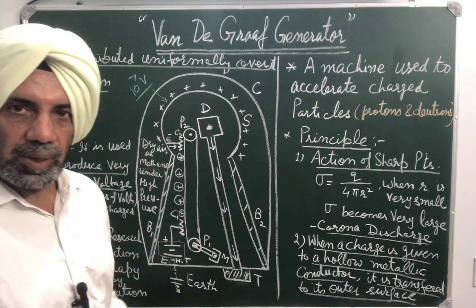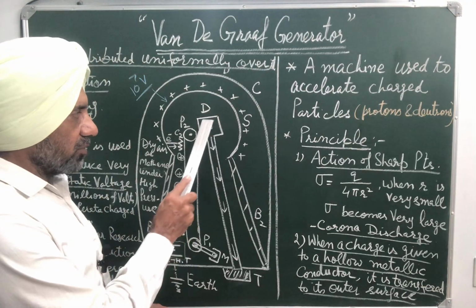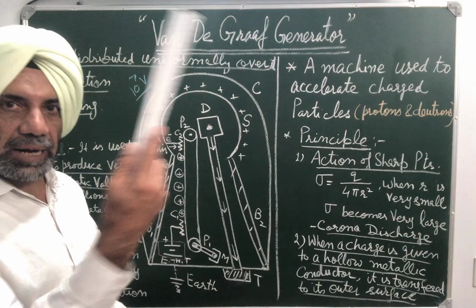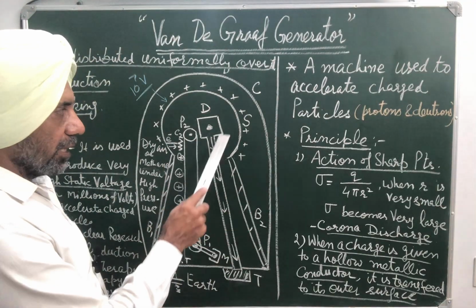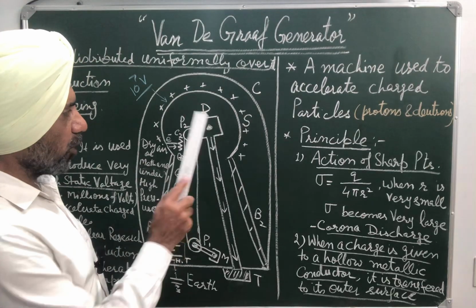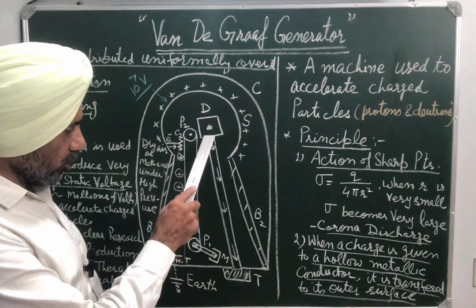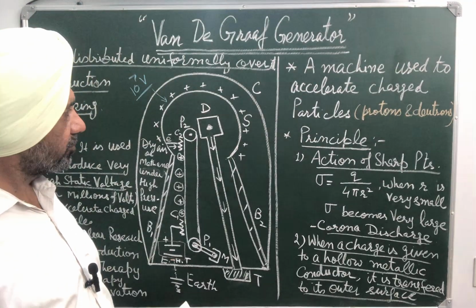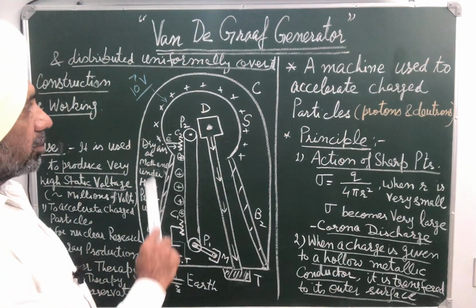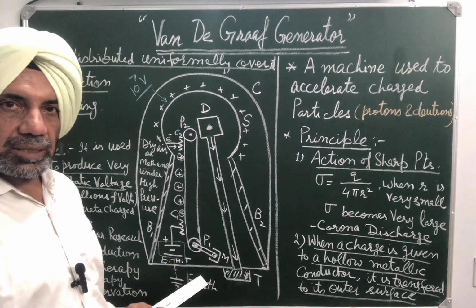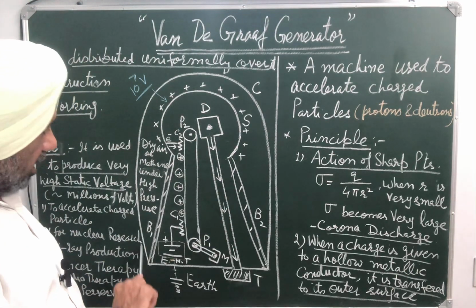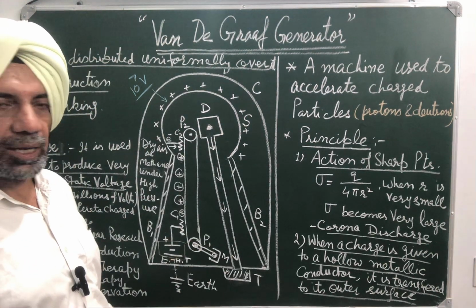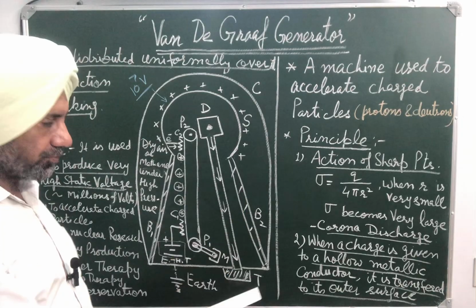D is the tube in which charged particles which are to be accelerated are kept, like protons, neutrons or electrons. And this tube is connected to the target T. The whole arrangement is enclosed in a steel chamber C to avoid leakage of charge.